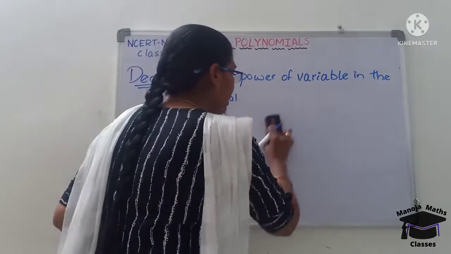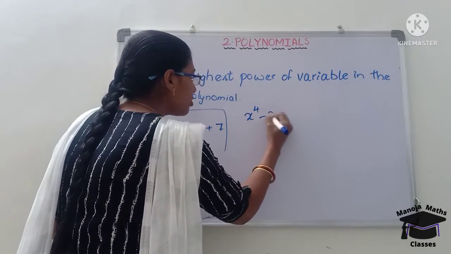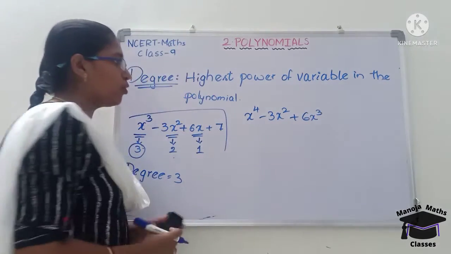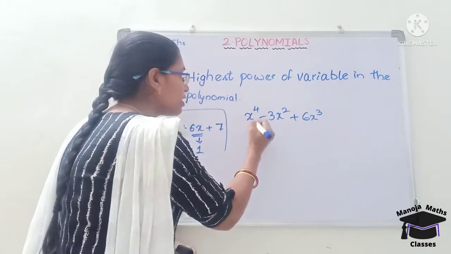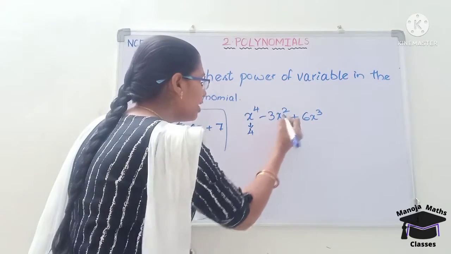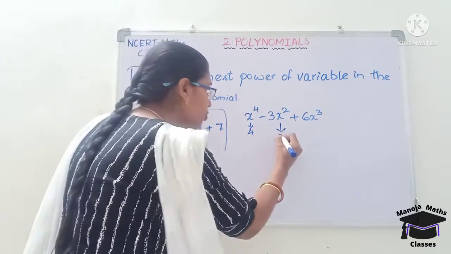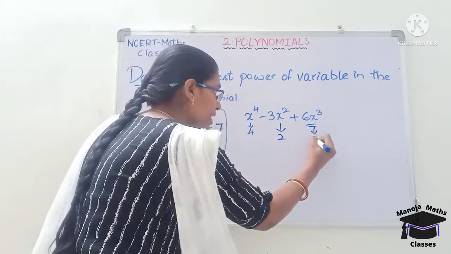Let's understand with another example: x power 4 minus 3x square plus 6x cube. Suppose this is a polynomial. In the first term, what is the exponent, children? 4. In 3x square, the exponent is 2. And in 6x cube, the exponent is 3.